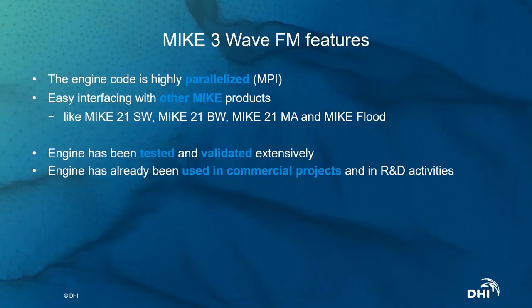You could imagine you had a MIKE 21 SW model on a regional scale, transforming these nonlinear spectra. Then you have an area of interest. Here you could set up a MIKE 3 Wave FM model forced by the spectra that has been downscaled from the MIKE 21 SW model, allowing you a highly accurate representation of the actual wave field that is going on.